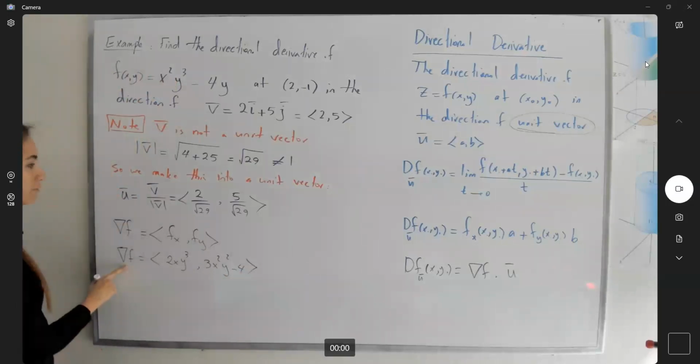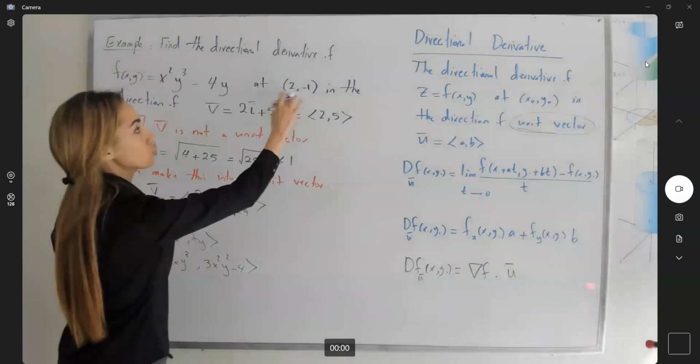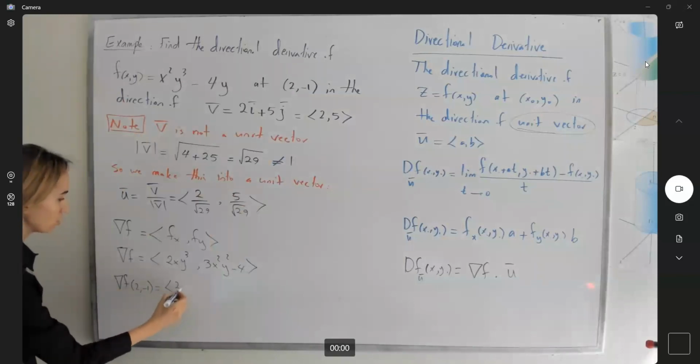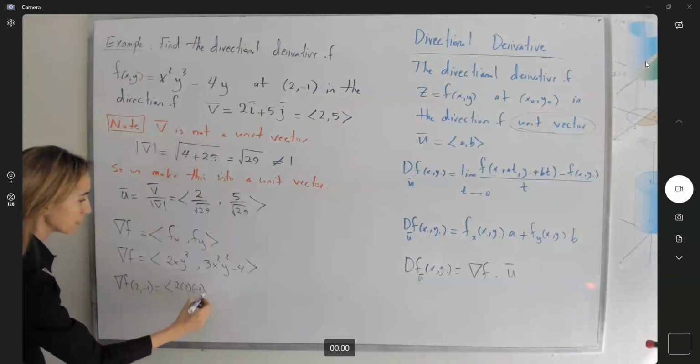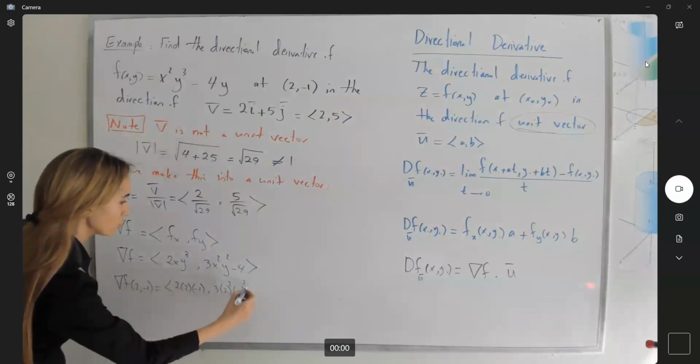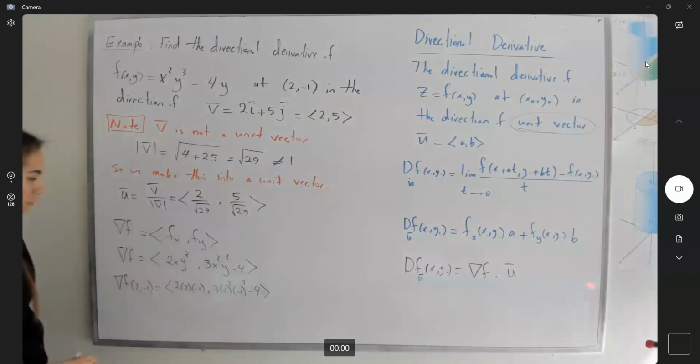Very good. You can evaluate that at the given point 2 and negative 1. So the gradient of f at 2 and negative 1 is 2 times 2 times negative 1, and 3 times 2 squared, negative 1 squared, minus 4.